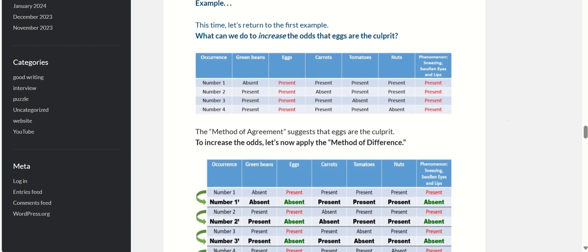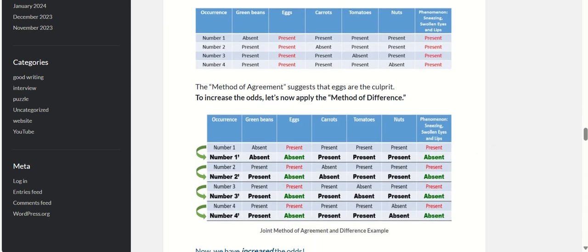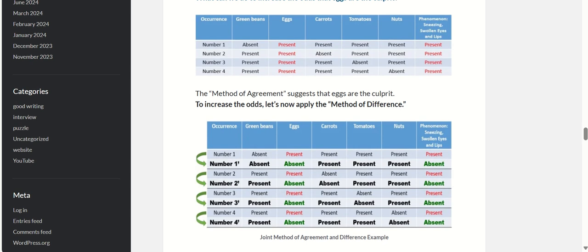This time, let's return to our first example. What can we do to increase the odds that eggs are the culprit? Okay, so here we have that table. So the method of agreement suggests that eggs are the culprit. To increase the odds, let's now apply the method of difference. So we have occurrence number 1, and I have 1 prime.